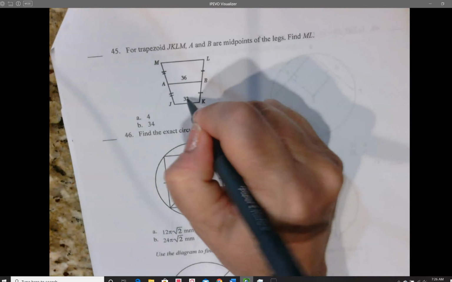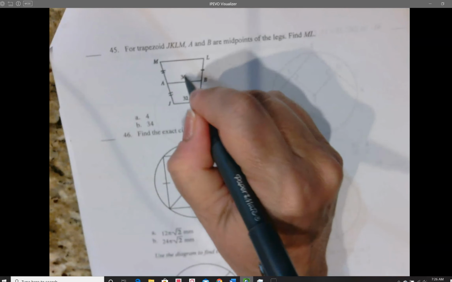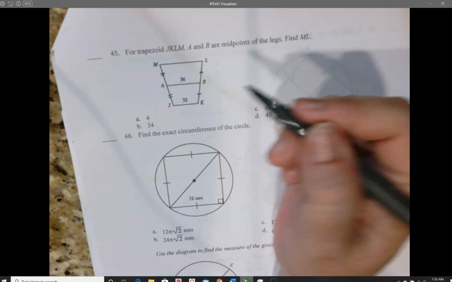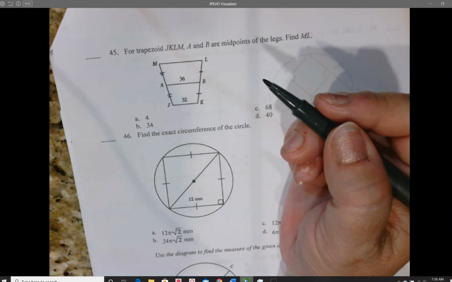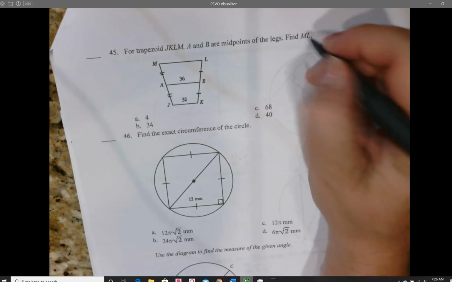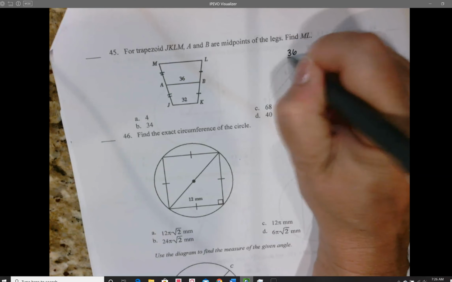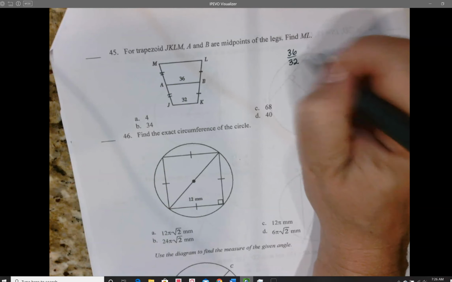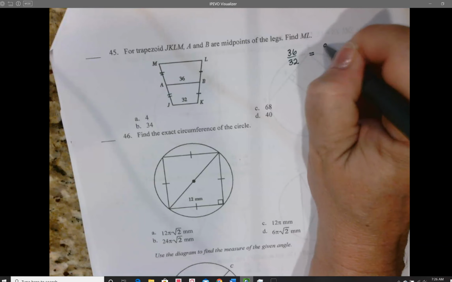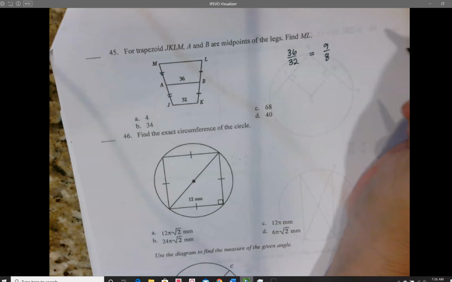So I can tell you if we have a 32 and a 36, then the next one is going to be bigger. It's going to be in the same ratio. So let me just do a little comparison here. So from 36 to 32, if I reduce this fraction, 4 goes into both, that's 9/8.